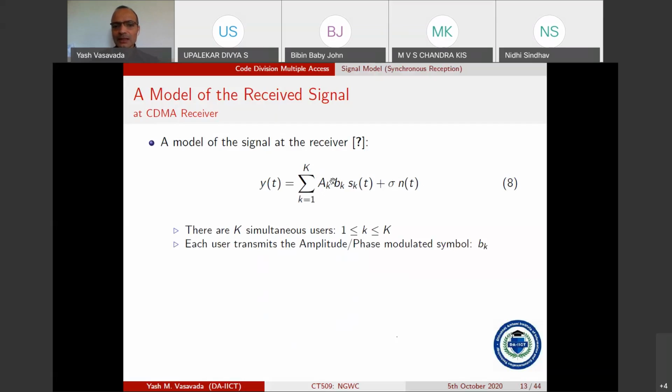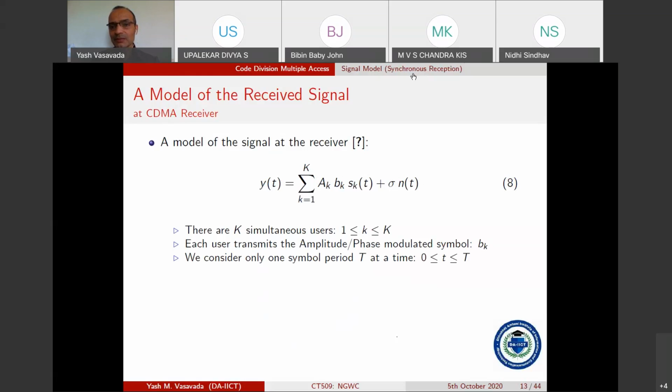So let us look at these individual terms in isolation. This B of k is our symbol that we have studied in CT516. It can be a QAM symbol or it can be a PSK symbol. So it is a particular information bearing symbol coming from the kth transmitter. This is a model where we are assuming synchronicity between the different transmitters.